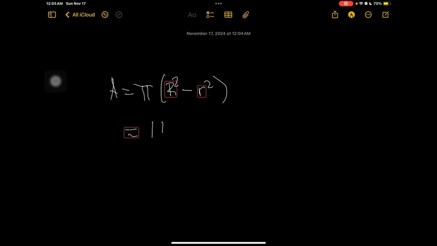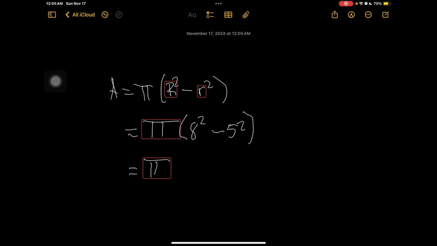So pi, our radius is 8 meter, so 8 squared minus 5 squared. Let's copy the pi, and 8 multiplied by 8 is 64, minus 5 times 5 is 25.